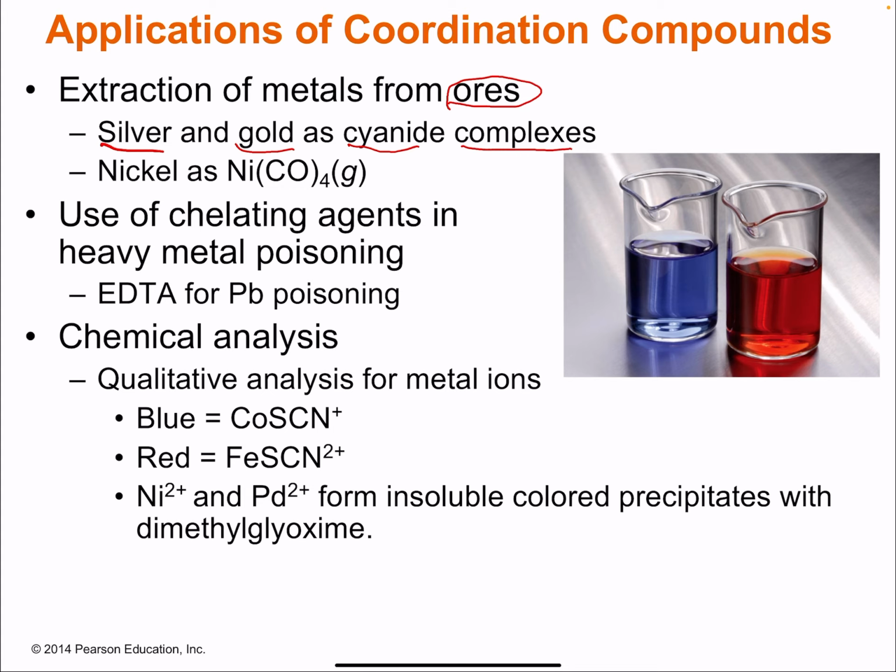We also use coordination compounds as chelating agents. The complex ions can be a chelating agent because, for example, if there is a situation where there's lead poisoning, you can chelate, which means to combine one ligand in more than one binding location to the metal ion.